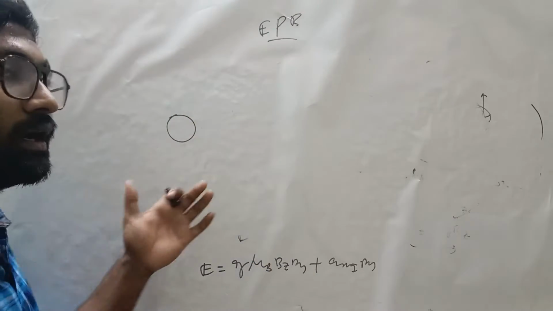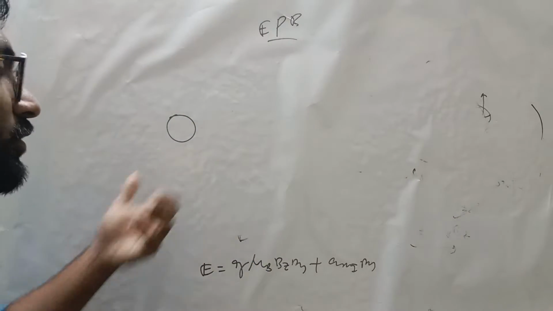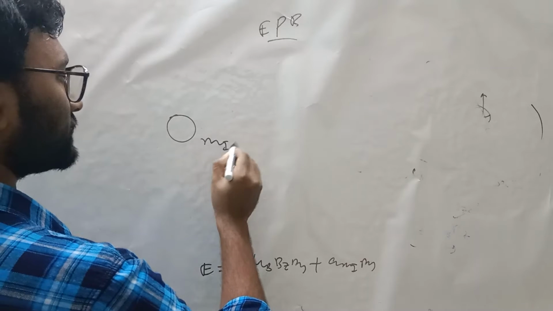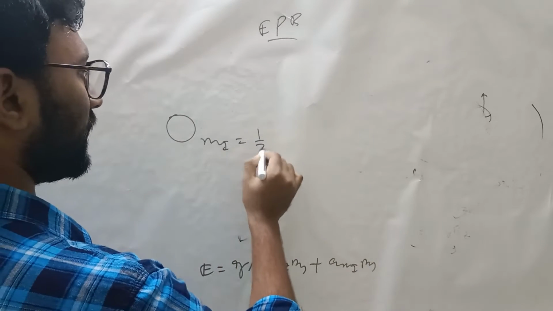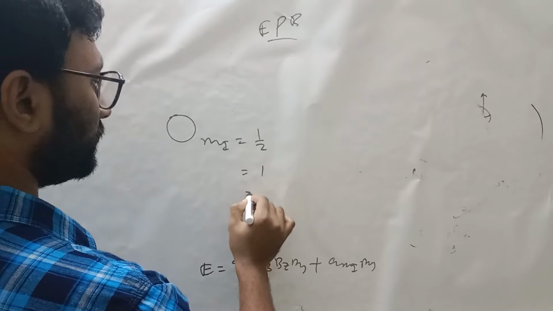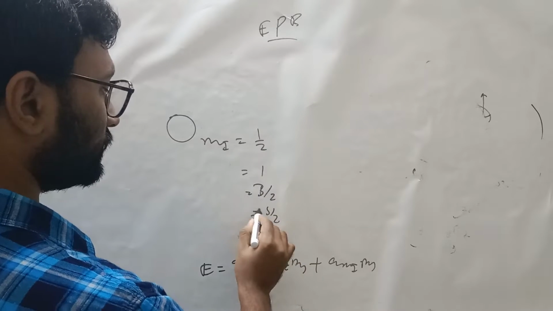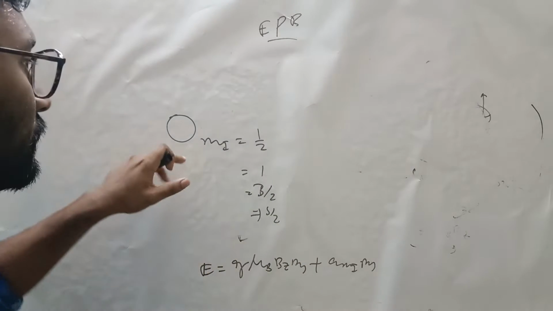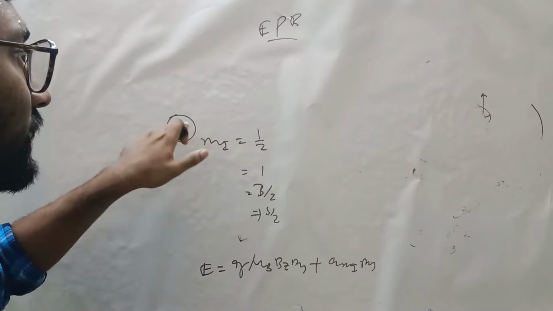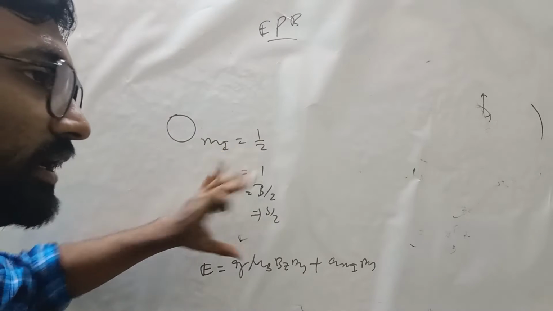The nucleus has its own unique property: like the I has some values, maybe half, maybe 1, maybe 3 by 2, maybe 5 by 2. So this magnetic quantum number of the nucleus is already there.